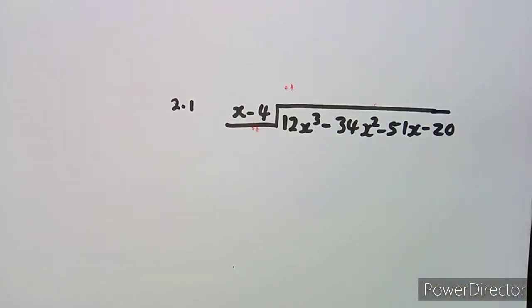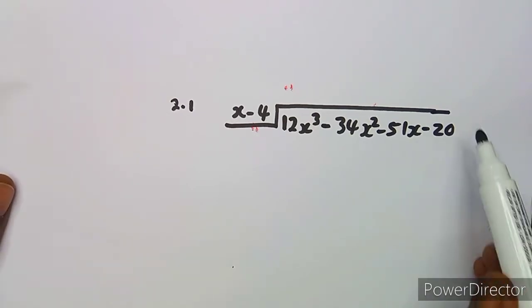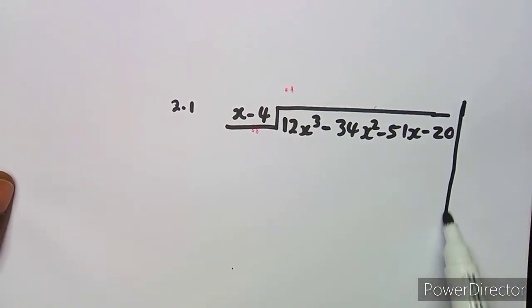So that is what you actually had there, and you're actually dividing. And remember the concept that I always talk about: divide, multiply back, subtract, drop the numbers, redo the steps again and again. So that's what you're going to do.